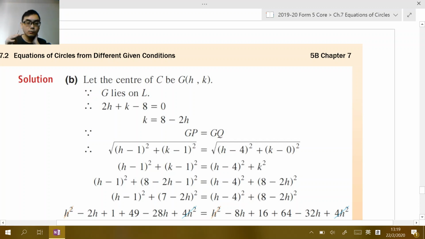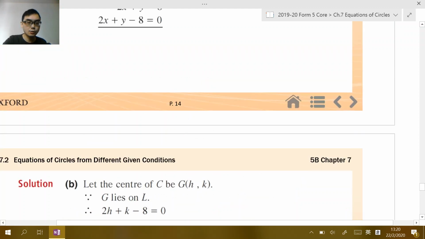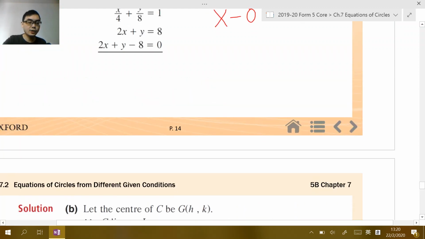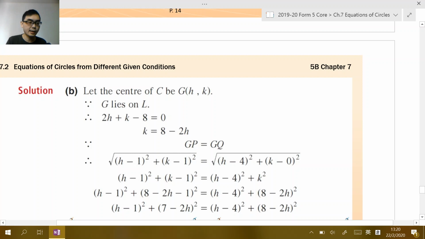First, we use the last information, the center lies on L. That means we can write an equation connecting h and k. For example, you put h and k into the equation of L, then you can get k equals h minus 2h. Because what we need to do is use the part A equation, and then you substitute x is h and y is k, then you will get k in terms of h.